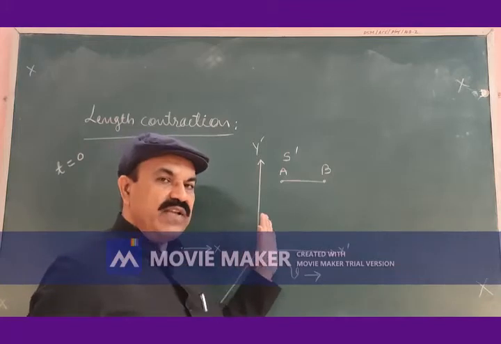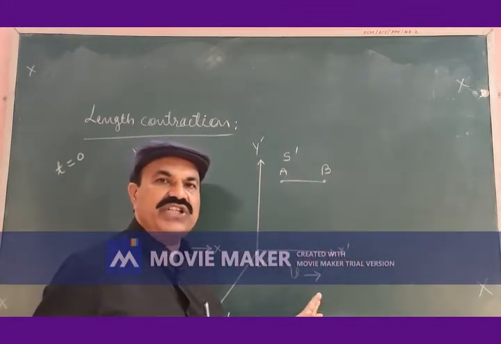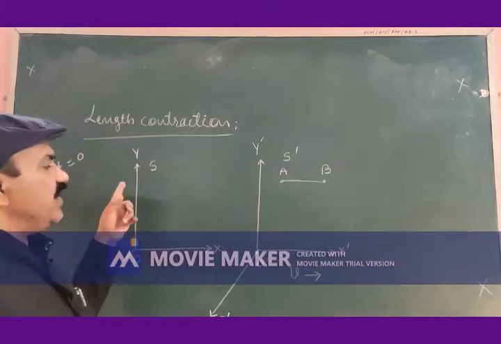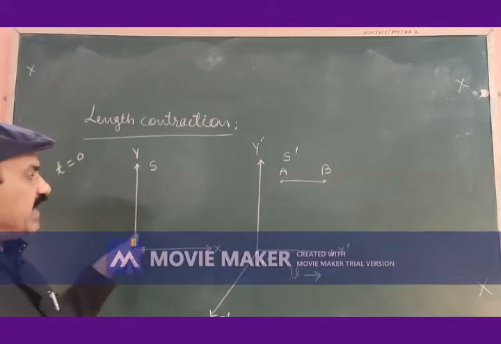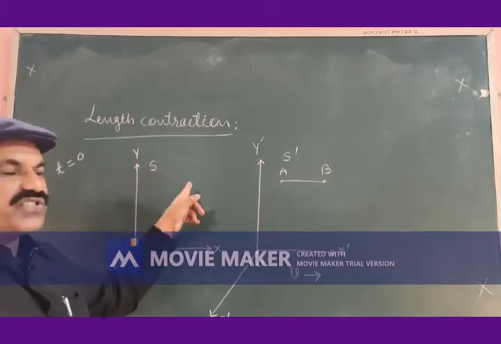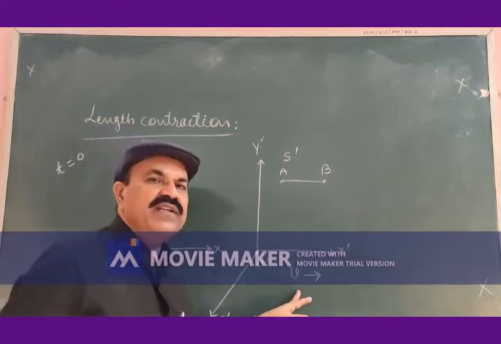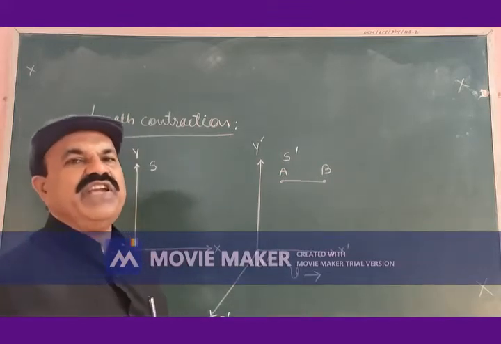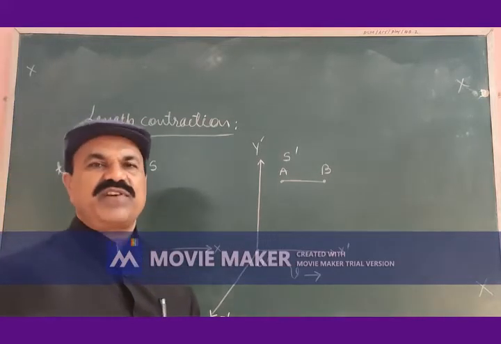S prime is moving in the positive x direction with the constant velocity v, and therefore for the observer O in the frame of reference S, this rod AB is also moving with the constant velocity v away from the first frame of reference.